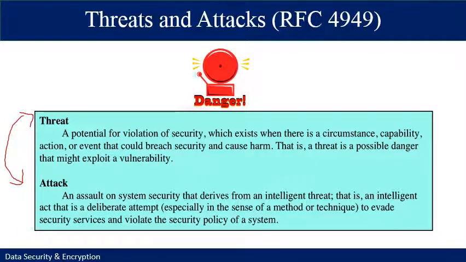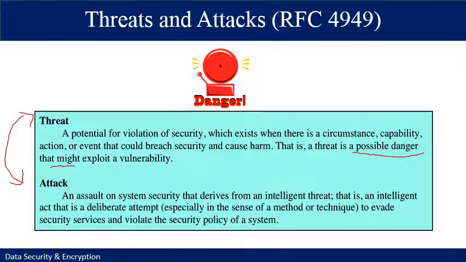So a threat is a passive thing. That means something bad can happen when there is some capability or action that could breach the security or cause harm. This is a threat, or a possible danger that might expose the vulnerability.